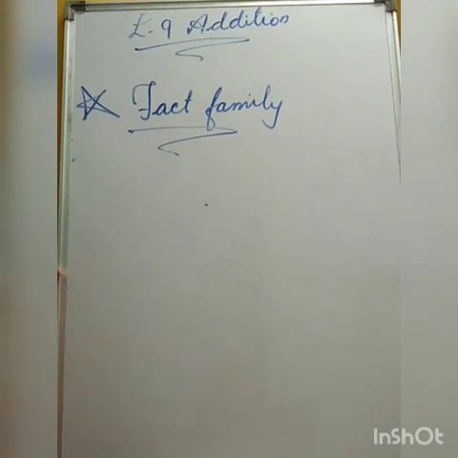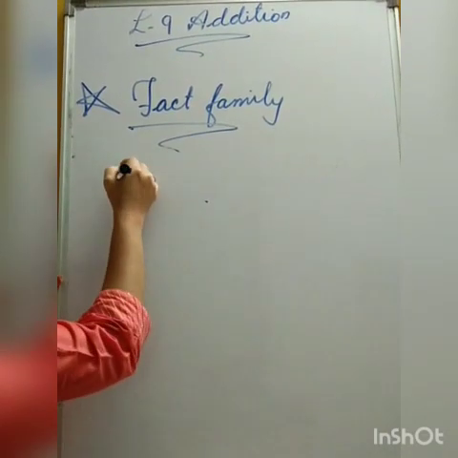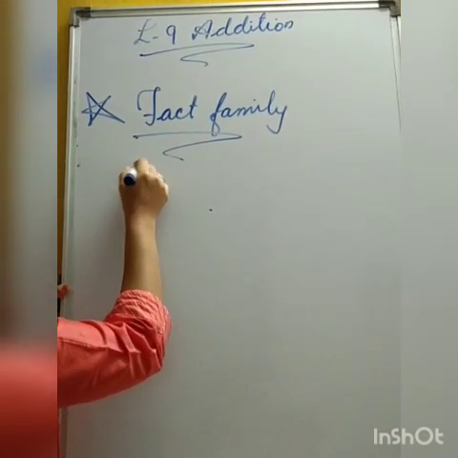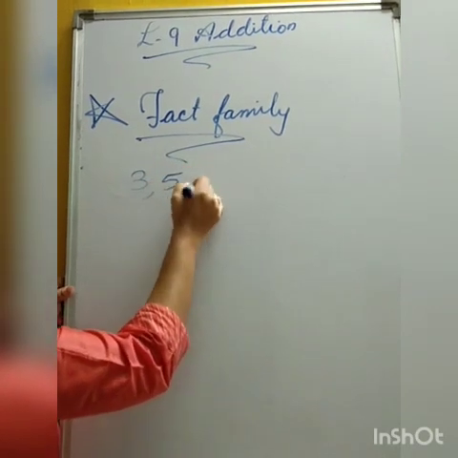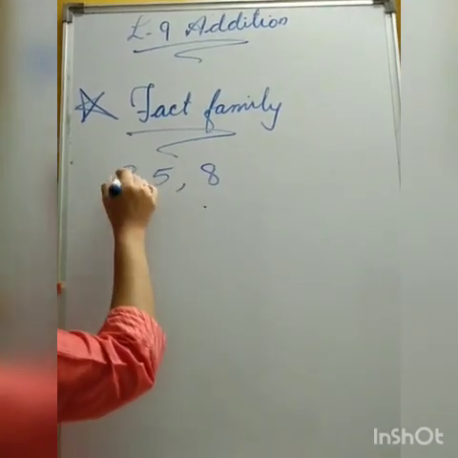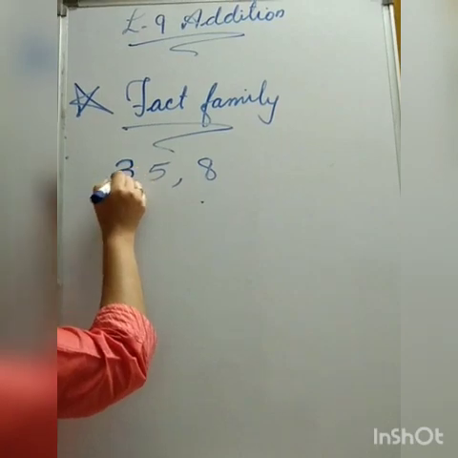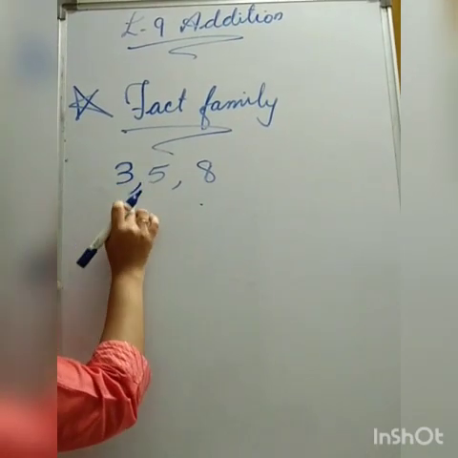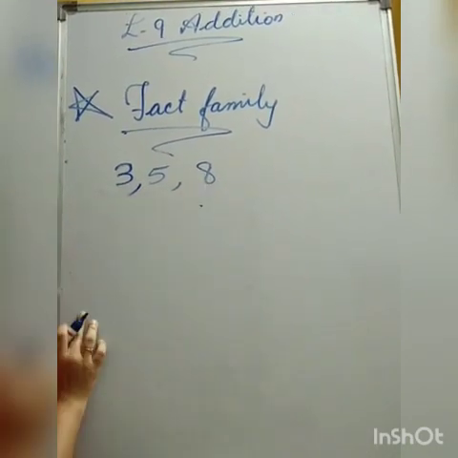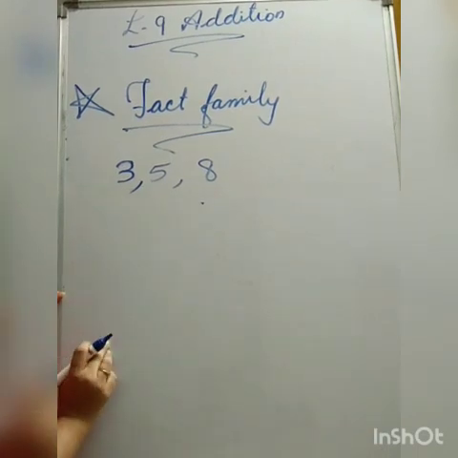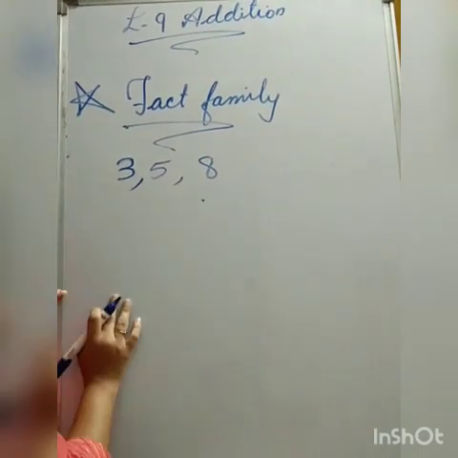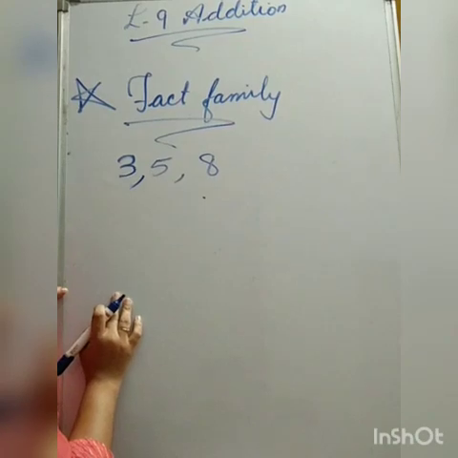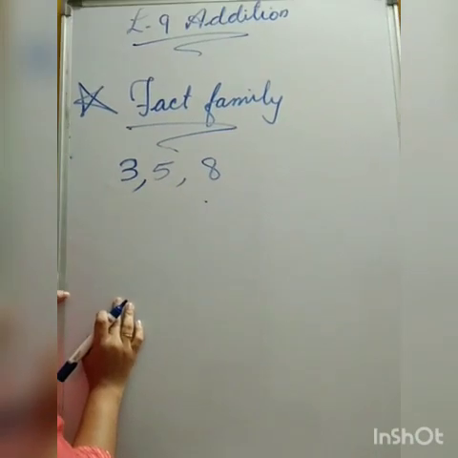What is fact family? Listen carefully. I have three numbers. Which are the three numbers? 3, 5, 8. मेरे पास तीन नंबर है. कौन सा नंबर है? 3, 5, 8. First you have to notice which is the biggest number. पहले हम लोग को देखना है कौन सा बड़ा नंबर है.